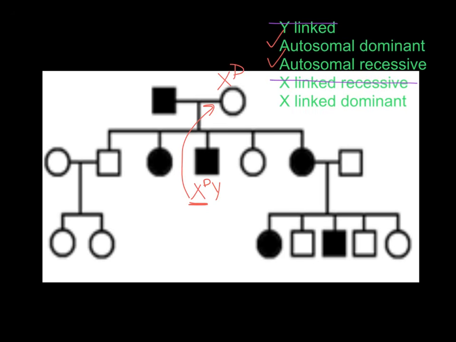But we understand that just having one dominant X allele means that you would have to be affected by the trait. And because this mom is not affected by the trait, we can rule out X-linked dominant as a possible mode of inheritance for this pedigree. That leaves us with the possible modes of inheritance for this pedigree being either autosomal dominant or autosomal recessive.